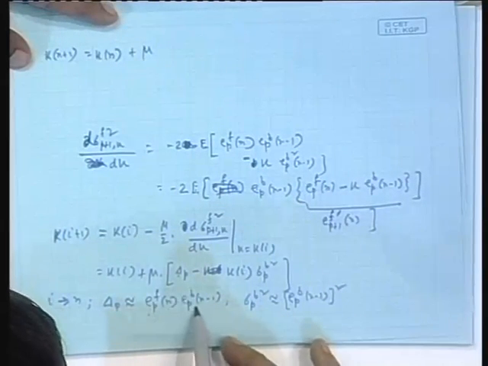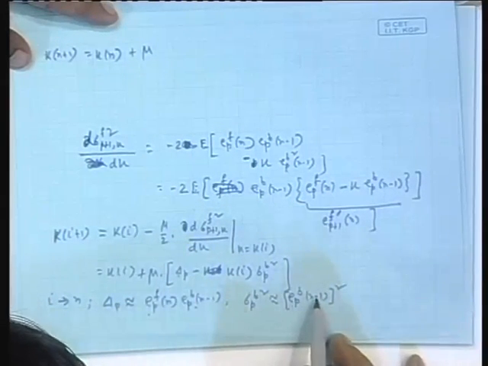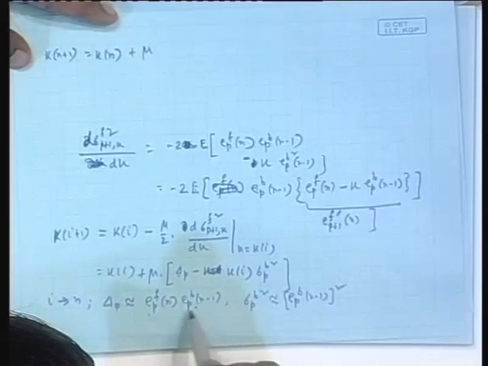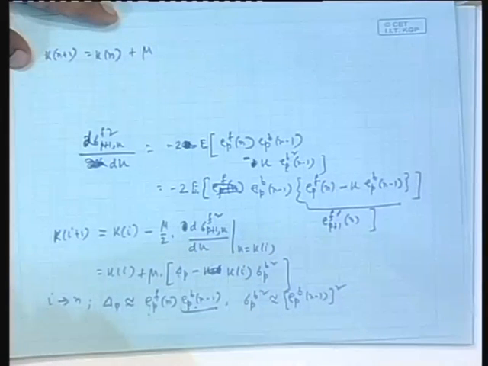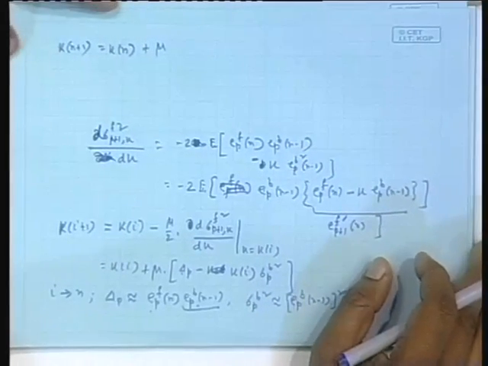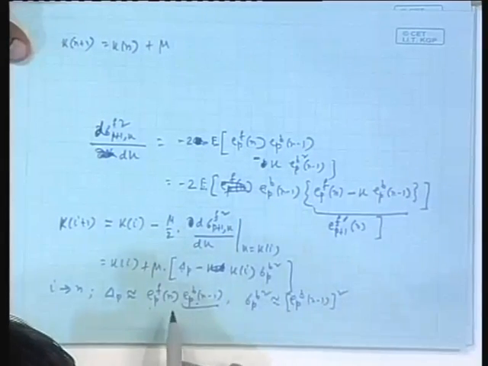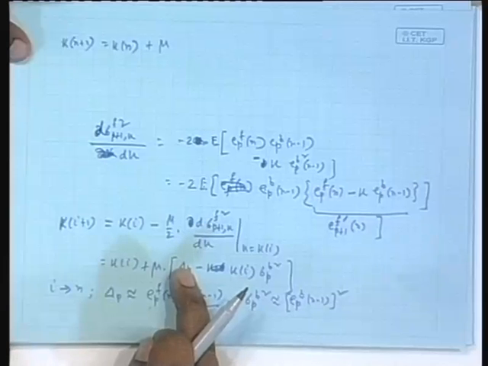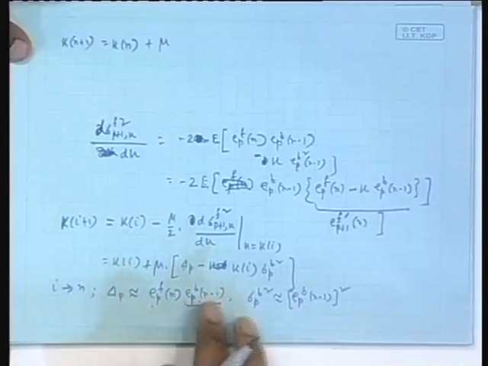E p f n E b n minus 1 and E p b n minus 1 square. Here I take E p b n minus 1 as common, something which I was doing earlier. I told you that I should rather do it when I move to LMS. If you put that delta p here, I will not do these steps anymore because I have already done it once.